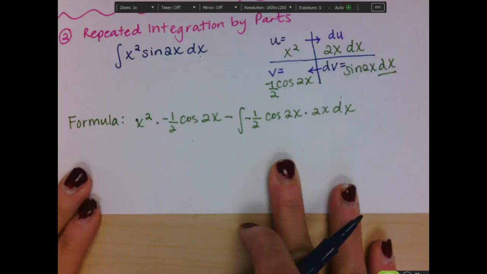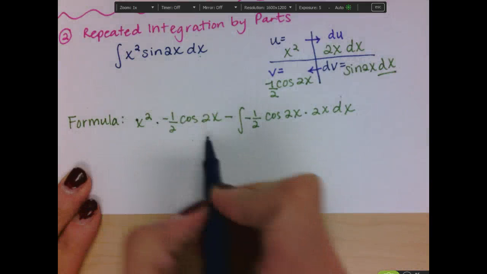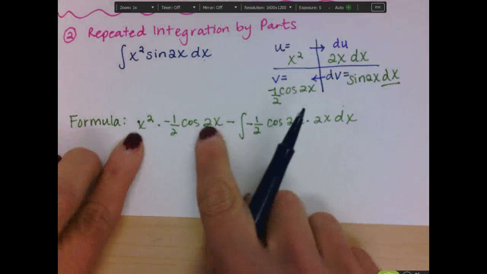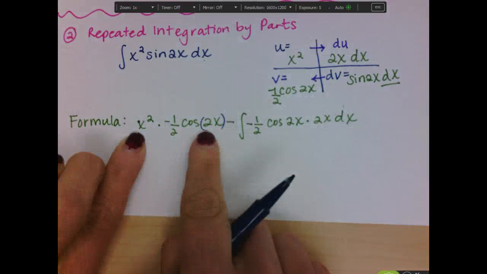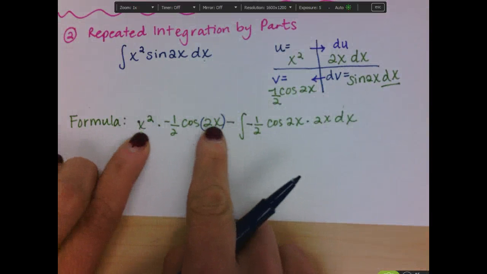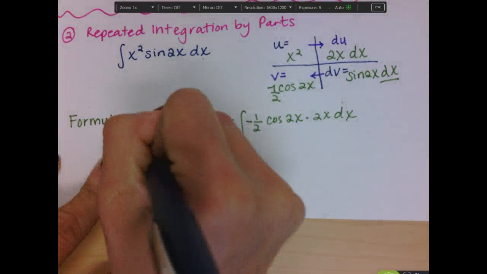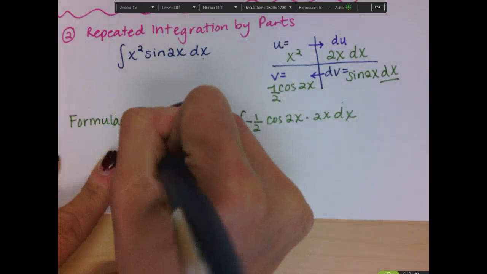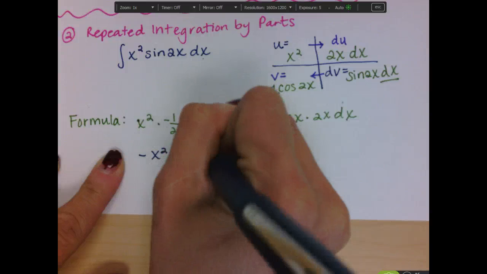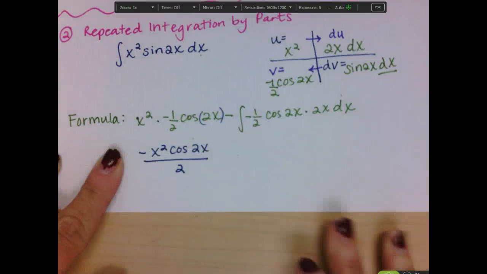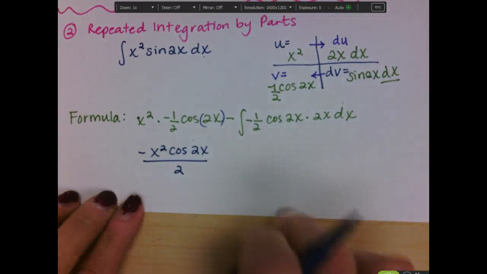Let's simplify. Not a whole lot that I can do here. Remember that this 2x is inside the argument of cosine, so you can't combine those in any way. But I can write this as negative x squared cosine 2x all over 2, just to make it look a little nicer.